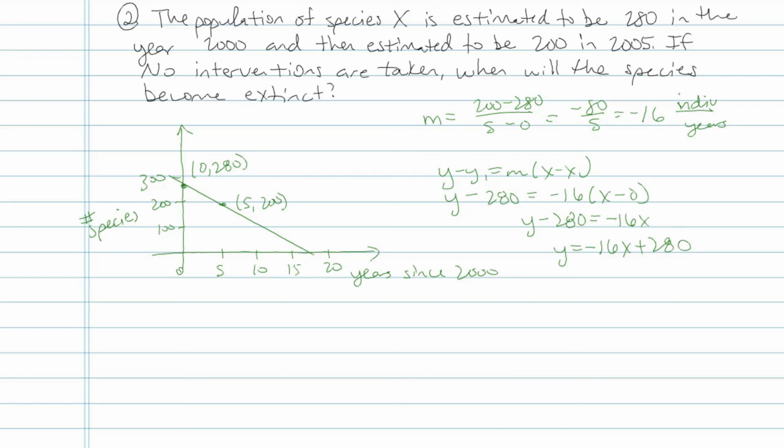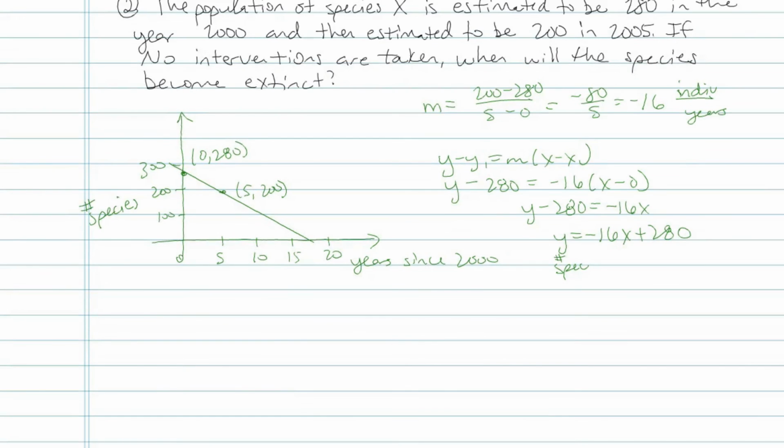Okay, so let's talk about what that means. Y represents number of species. It's equal to negative 16 times number of years since 2000, and then plus 280, because that's where the population was at the start of my study. Using that, I can find when it will be extinct. That's when my y value is 0.